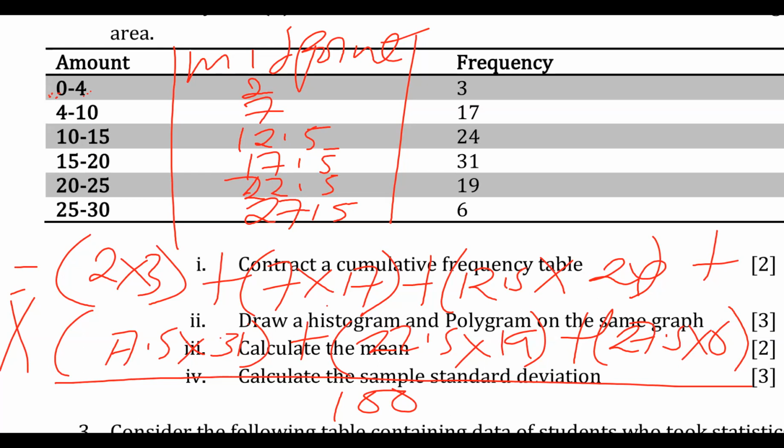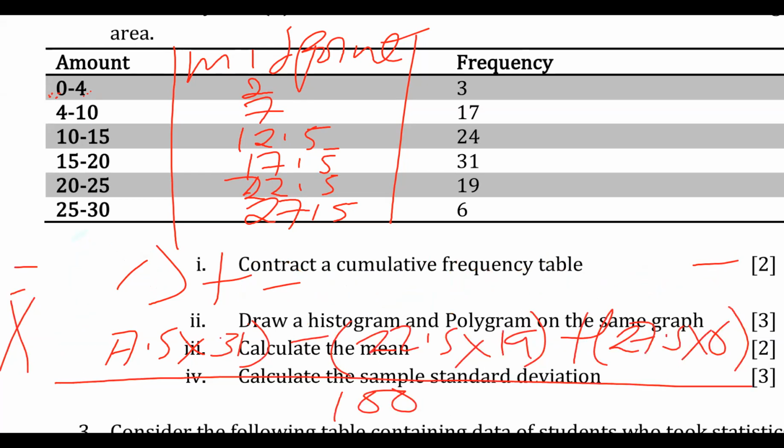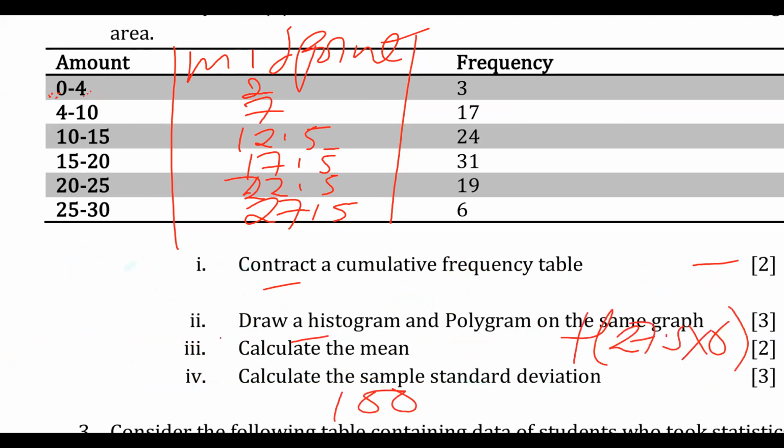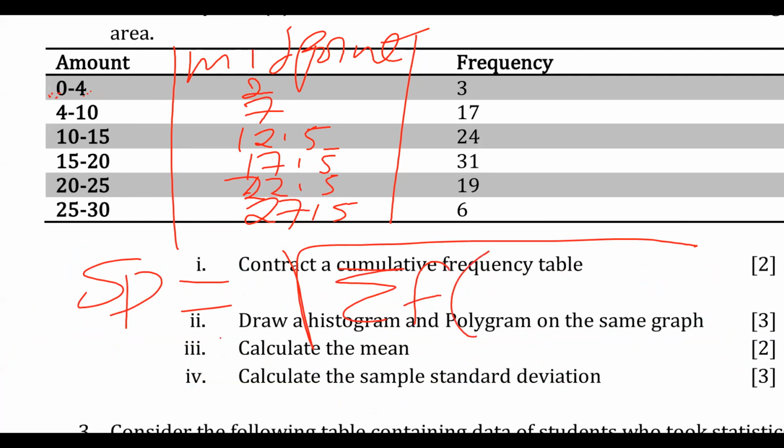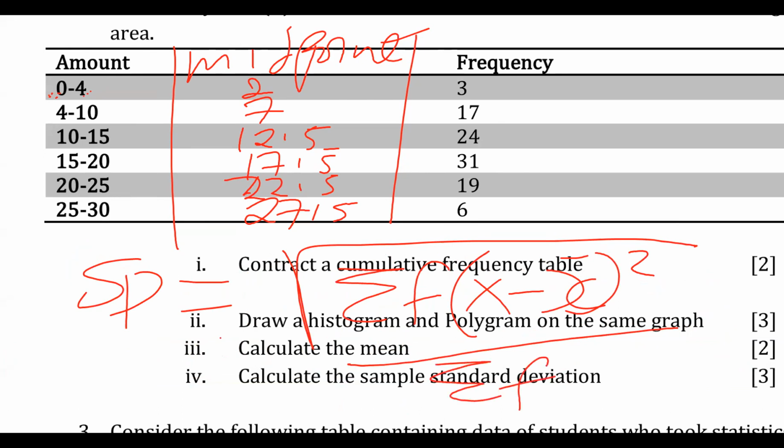After that, how do you find the standard deviation? The other question is asking us about how to find the standard deviation. The standard deviation shall be given as the square root of the summation of frequency times x minus x bar, squared, divided by the total frequency, which is the same as n.